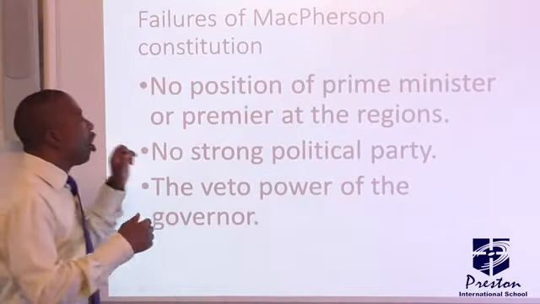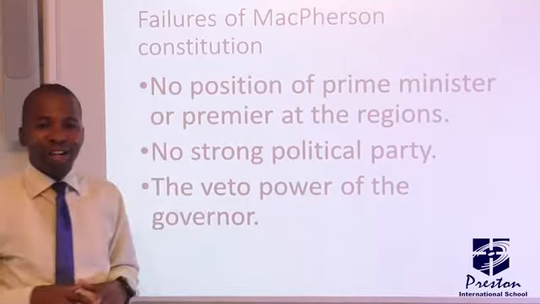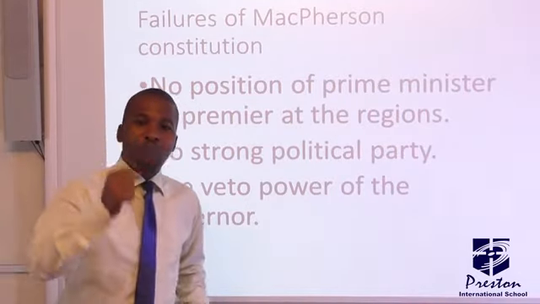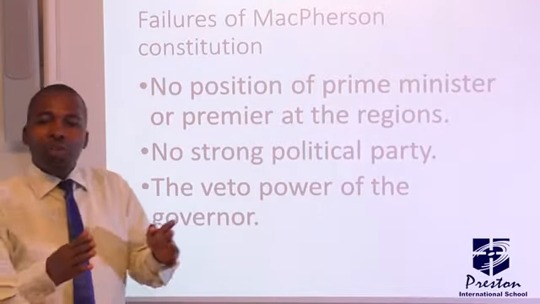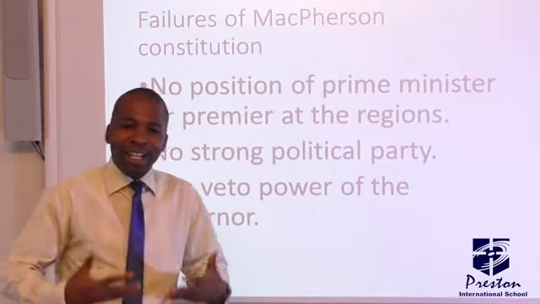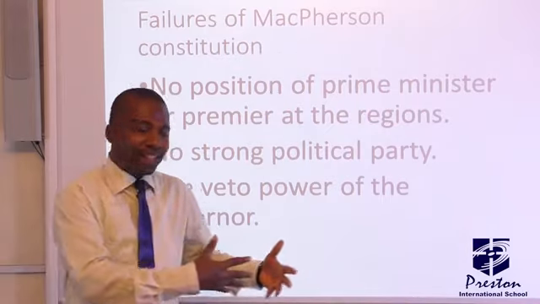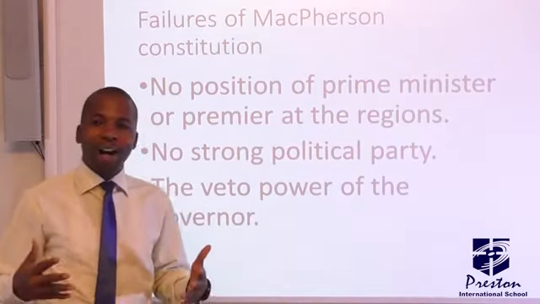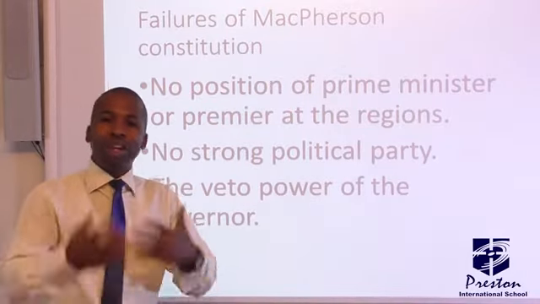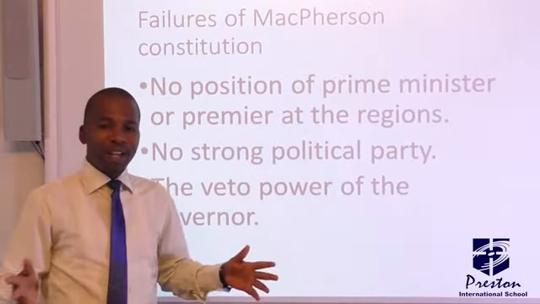Also, there was no strong political party at the central level. There was no major political party to control the central government. Each region had a party that was controlling it. Also, the governor had too much veto power. The governor could overturn any decision that had been made.